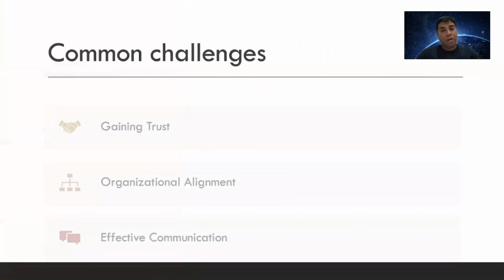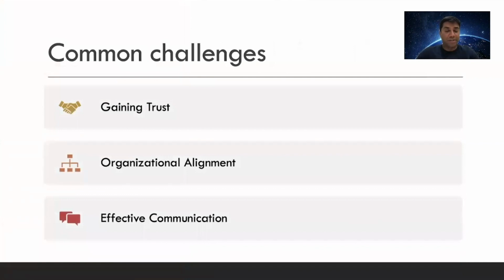Now, what are the common challenges we face as product managers that stop us from being effective working with such cross-functional teams? Well, the first one is gaining trust. Trust is very important. Once you start trusting each other, whether between different teams or between different PMs, you will see the magic flowing through your work every day. Everybody will be eager to help and get both of you, or the teams, to success.